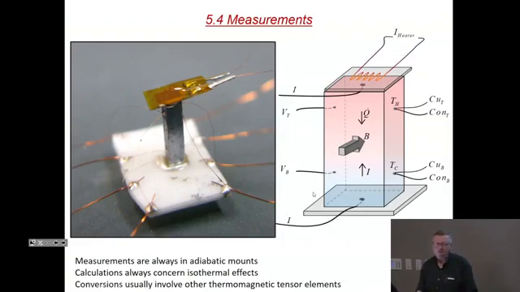When you use a PPMS, they sell a commercial attachment called the TTO, thermal transport option. It's not nearly as accurate because the heaters and the connectors are much larger, and so there are always issues. This is the one that I like the best. It's simple cross-tab mounts.